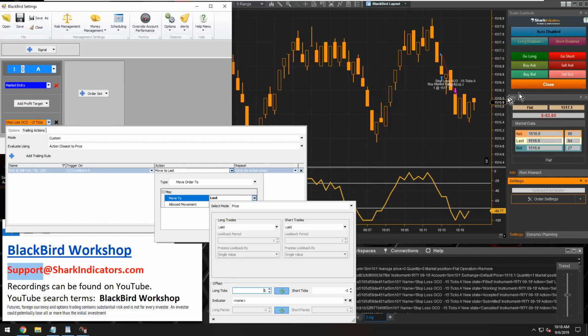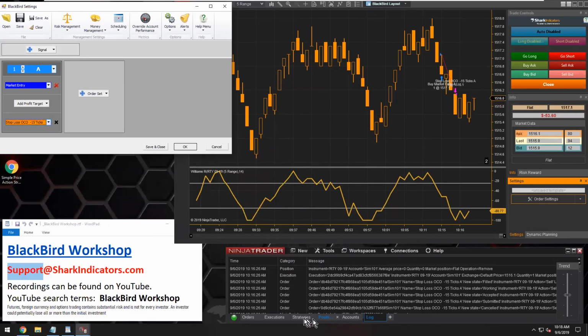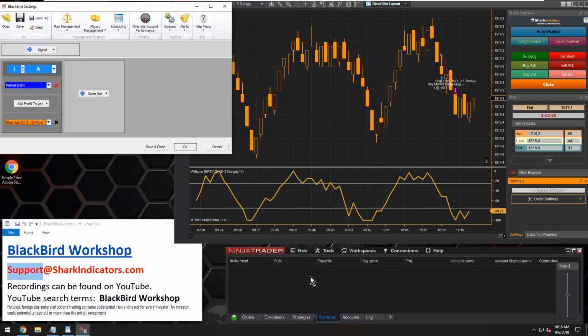When you hit the close button or the cancel button, or even if you go to your positions tab, right click and hit flatten everything, that's submitting a market order to close out your position.